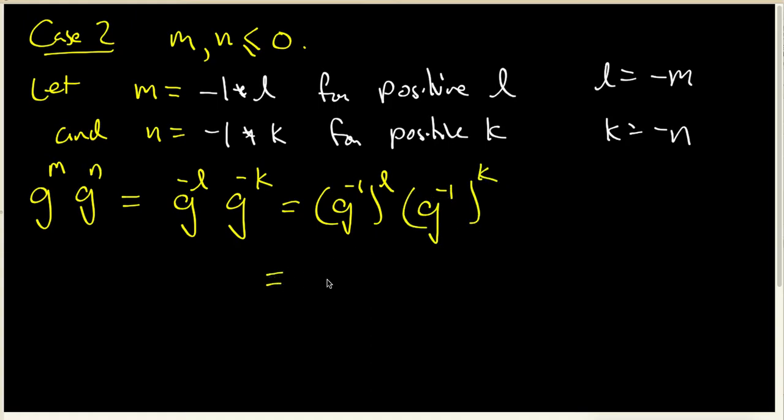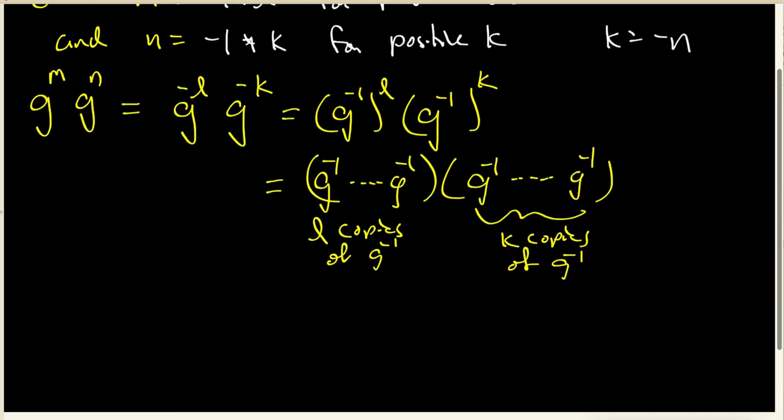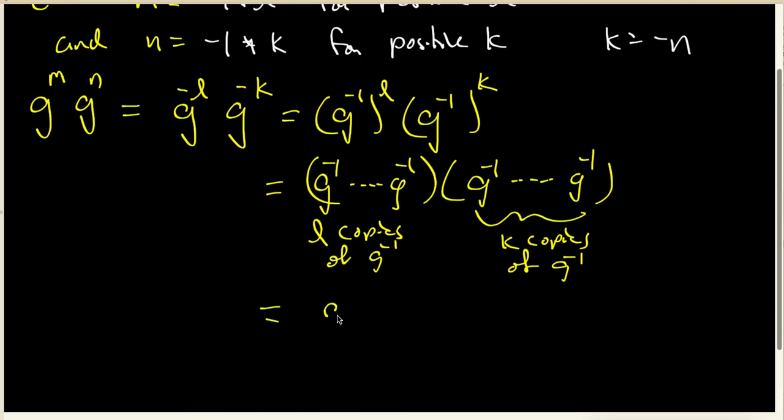And so what we have now is g^(-1) all the way up to g^(-1), and we've got L copies of g^(-1), and over here we've got g^(-1) all the way up to the last one of them, and we have K copies of g^(-1) over here. So we clearly have (g^(-1))^(L+K).